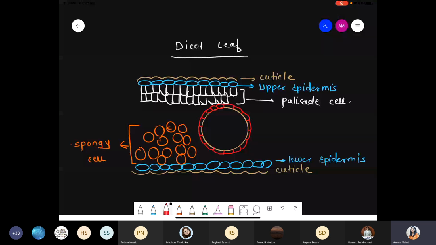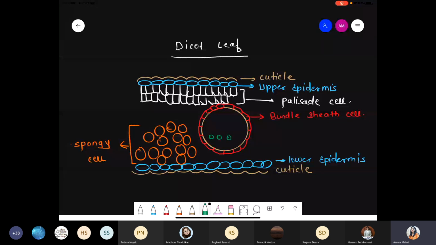And such cells are simply called the bundle sheath cells. Inside the bundle sheath cells, there is a ring-form structure, that is a single vascular bundle, and inside that vascular bundle, toward the lower side, there are some cells.